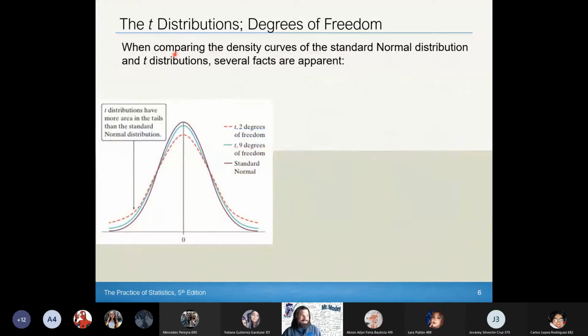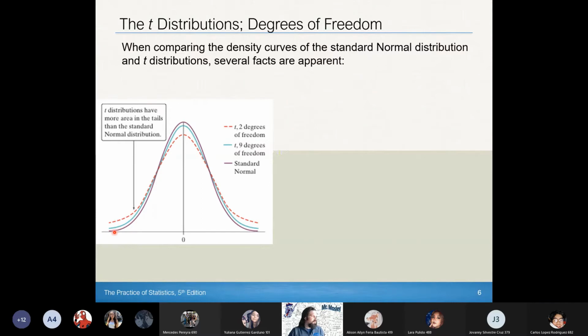When comparing the density curves of the standard normal distribution and t-distributions, several facts are apparent. Right, so we have this curve here, the most narrow curve, that's also the tallest curve, is our standard normal curve. The dotted line here represents a t-distribution with 2 degrees of freedom. So it's a little more wide, tails are larger.